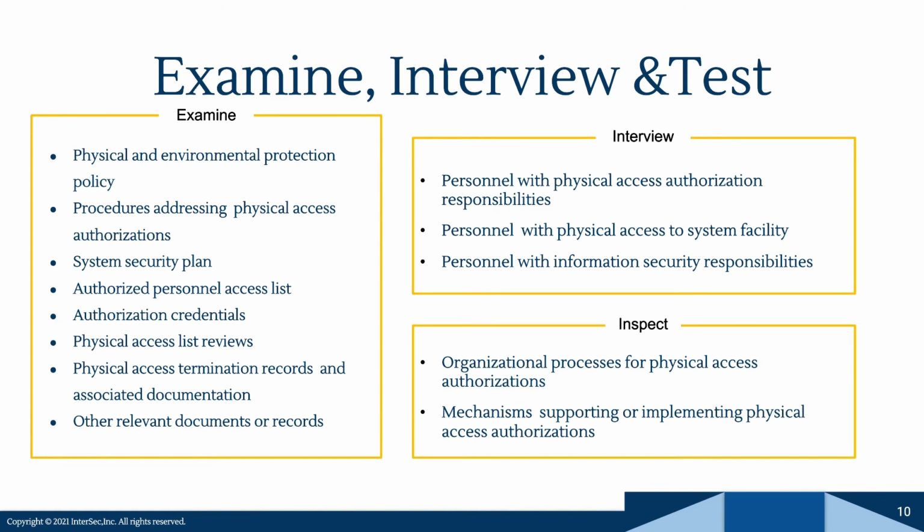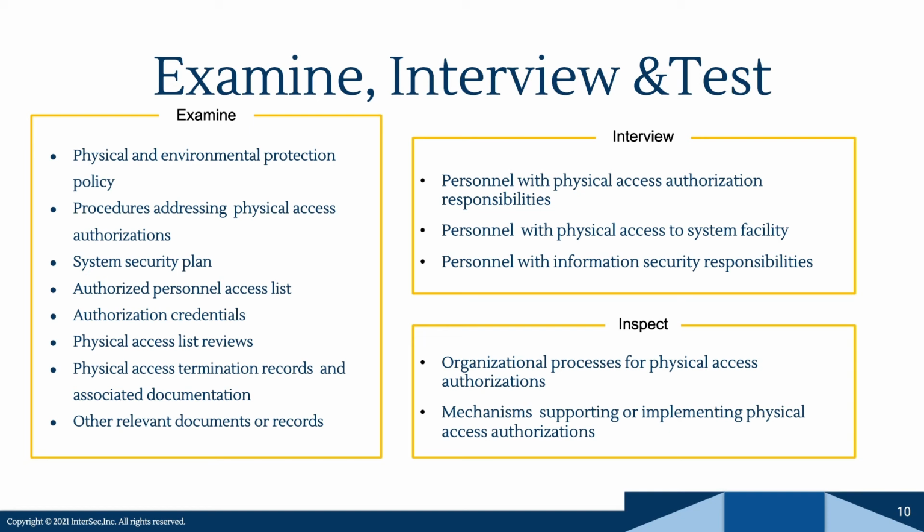Coming into an important part of our discussion. When it comes time to being assessed, a C3PAO may examine one or more of the following artifacts for your specific organization. Making sure you understand and acknowledge these is going to be vital, so let's go ahead and go over them to get a better understanding of them. For the examine method, they might look at your physical and environmental protection policy, your authorized personnel access list, or your authorization credentials.